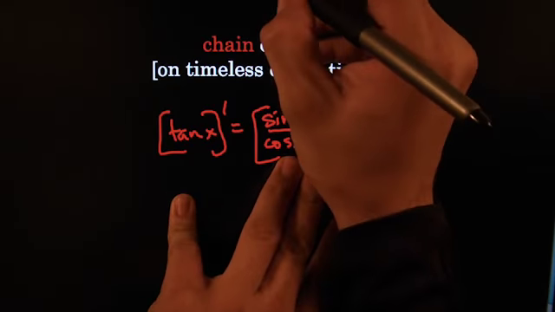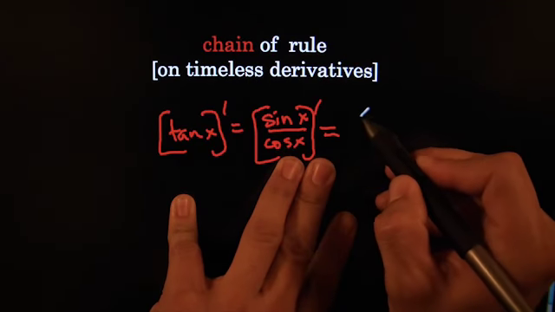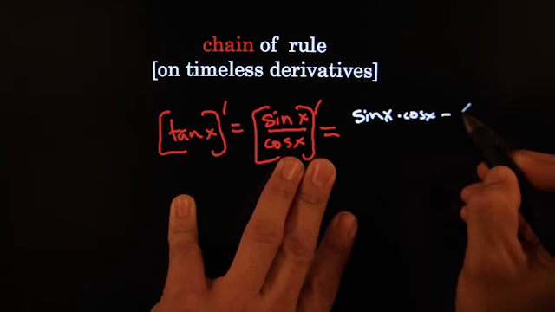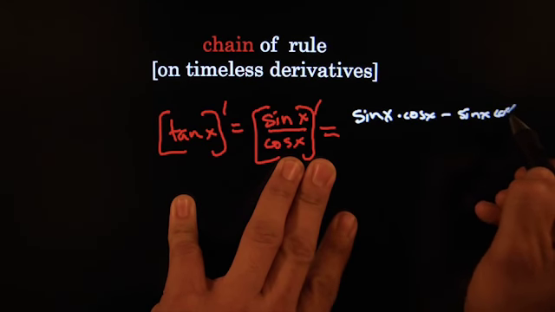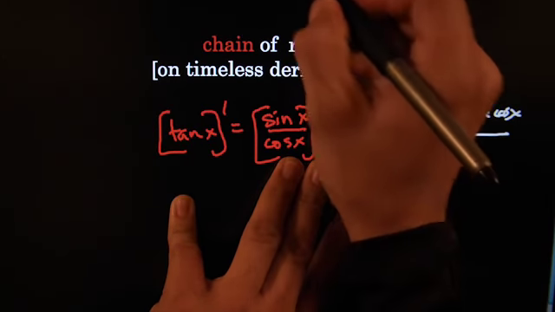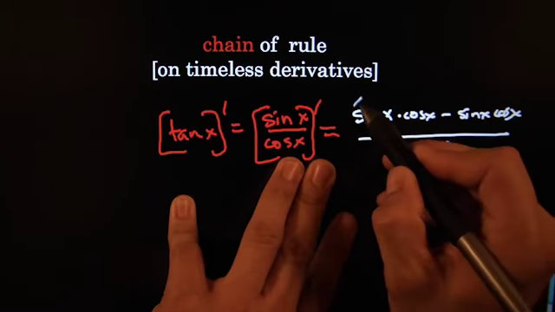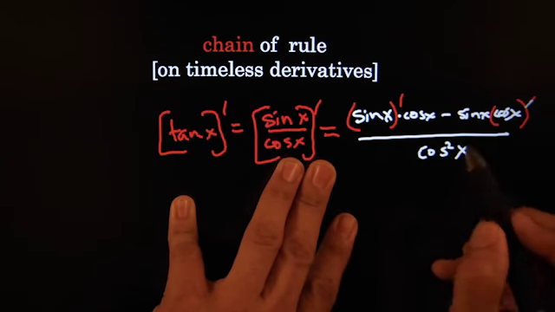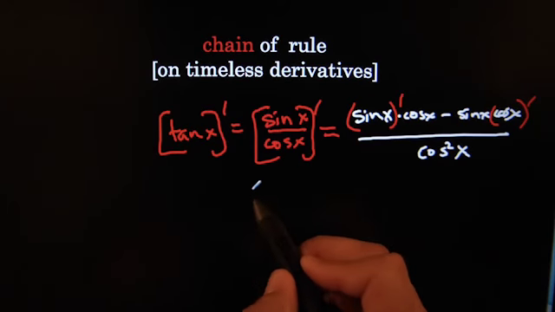Quotient rule says you take the derivative of the top times the bottom minus the top times the derivative of the bottom all over the bottom squared. And you've got to do a couple of derivatives, right? That's a good setup right there for the quotient rule.